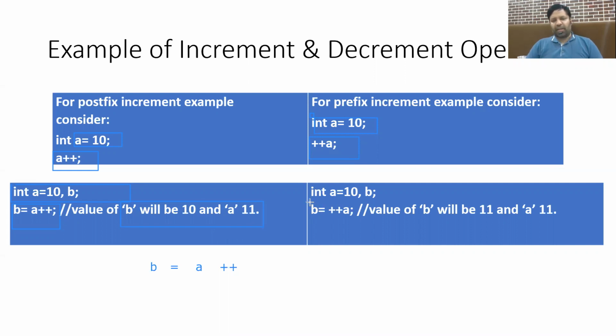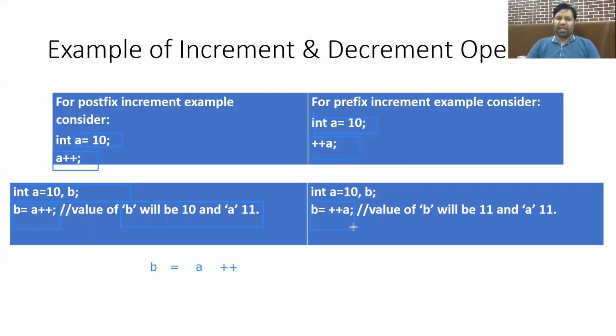On the contrary, if you are using b is equal to plus plus a, because it is prefix increment or pre-increment, the assignment b is equal to a will be evaluated later. First of all, we will increment the value of a. So the value of a will become 11.